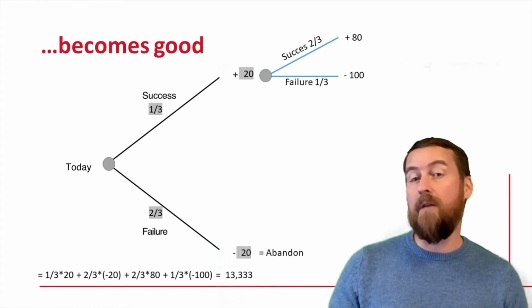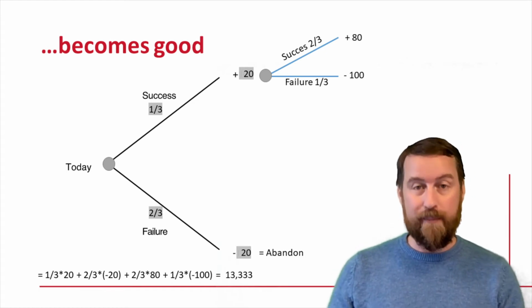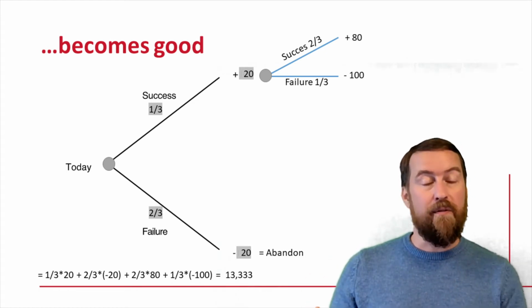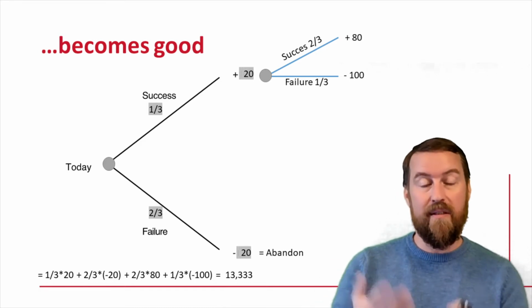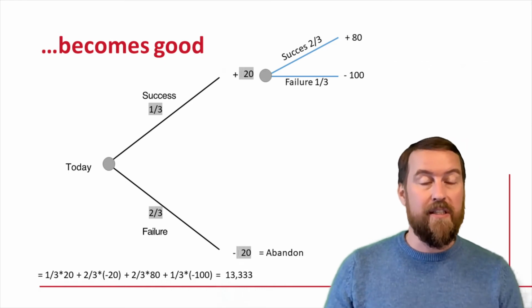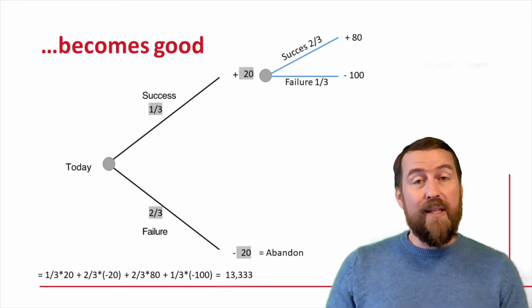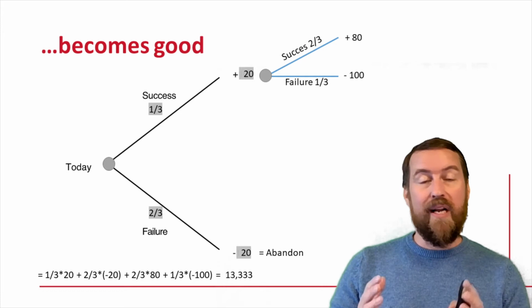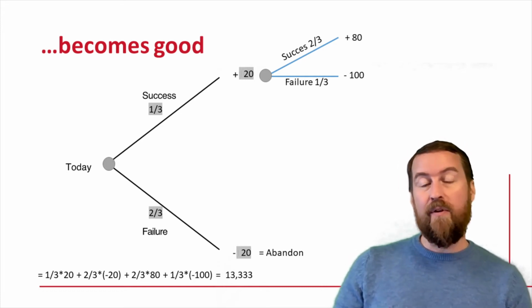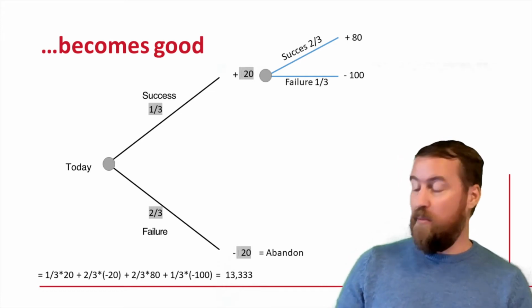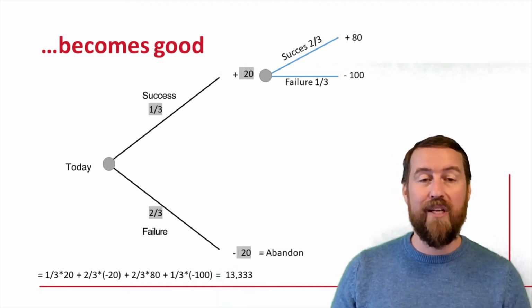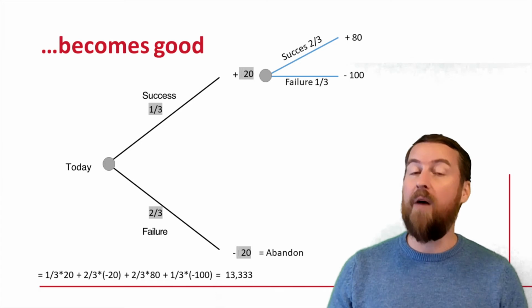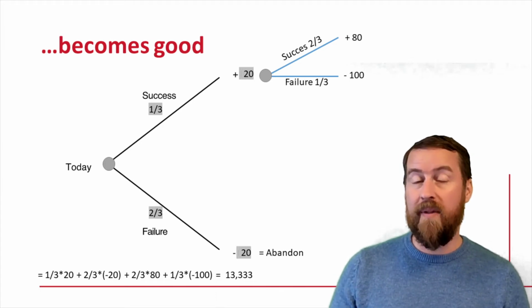It's exactly the same as in the previous scenario. If we fail, we will lose the 100 still, plus the 20 more we've already spent. By doing this, we move our investment scenario from a minus 10 to plus 13, as I've shown down here in the calculation. It has become a good investment.